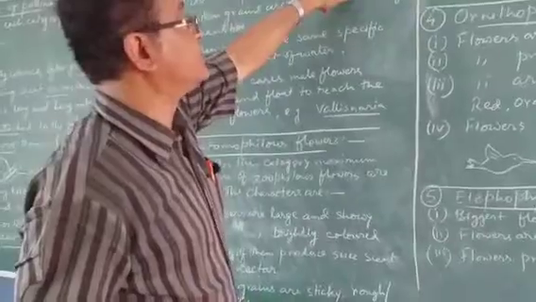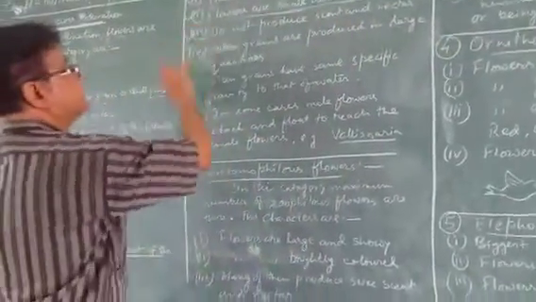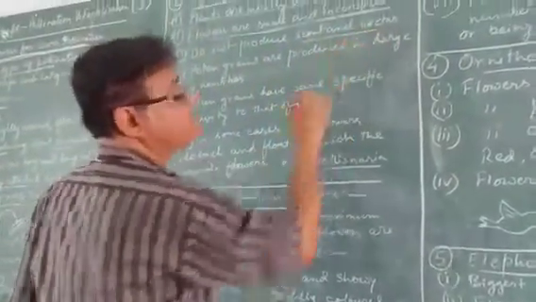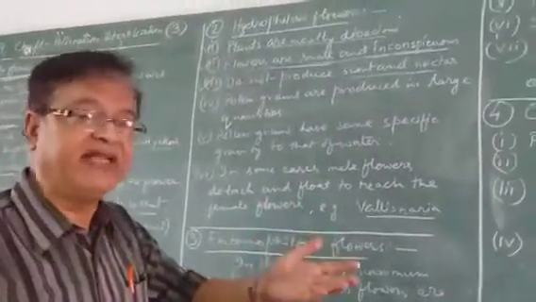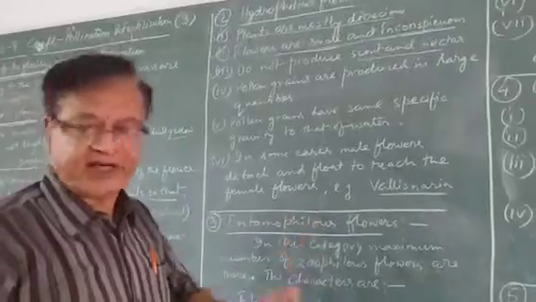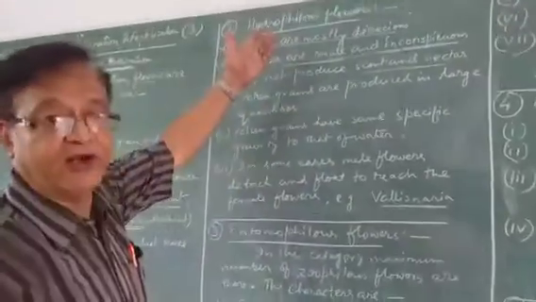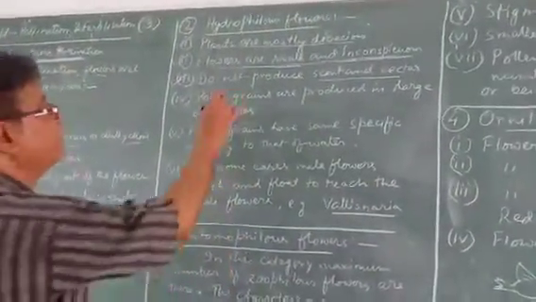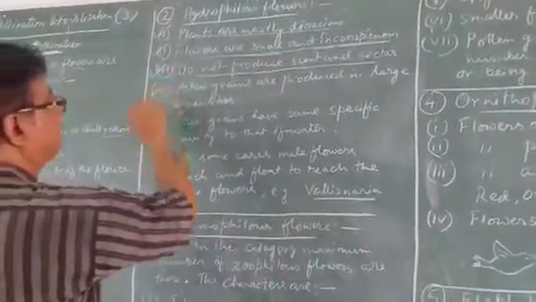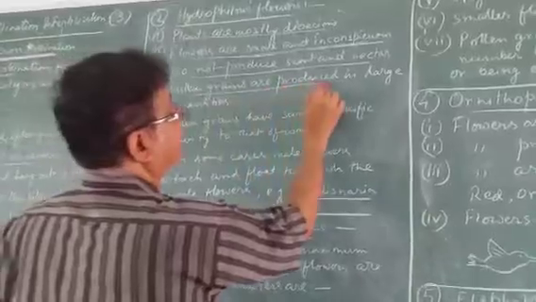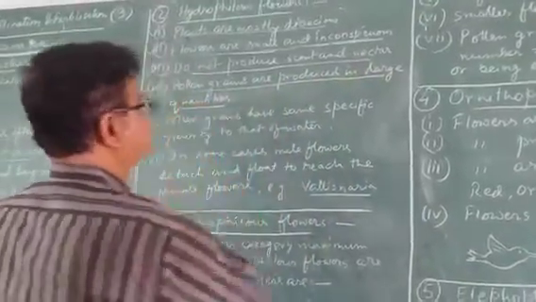It is not catching our eyes quickly. That is inconspicuous. Third point says, do not produce scent and nectar. Same reason, because scent and nectar will be produced for those living things who require it, who are attracted by it. Here it is water only, so no attraction is required. So it's economic and they do not produce scent and nectar. Fourth point says, pollen grains are produced in large quantities.